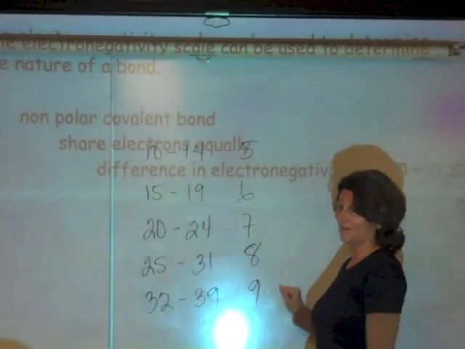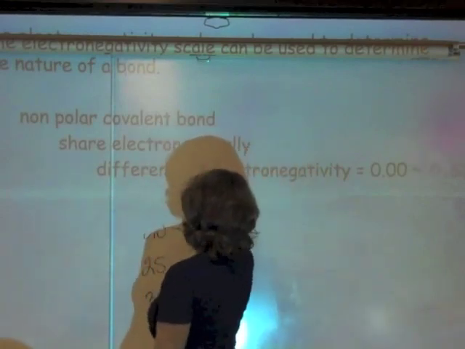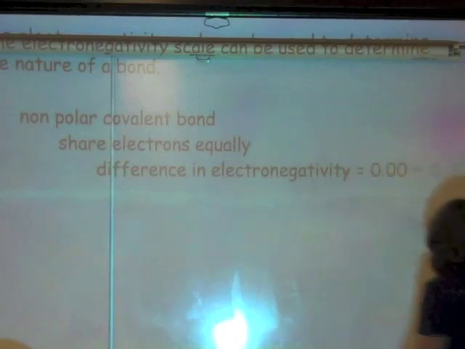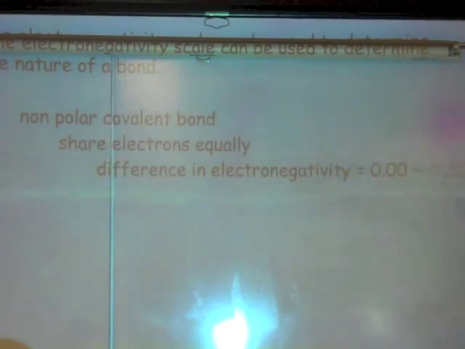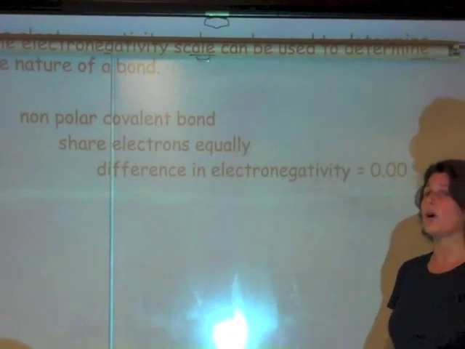Who recognizes this scale? We'll just get rid of that for now. All right, so you don't see values for electronegativity right now in this movie, but you will tomorrow.